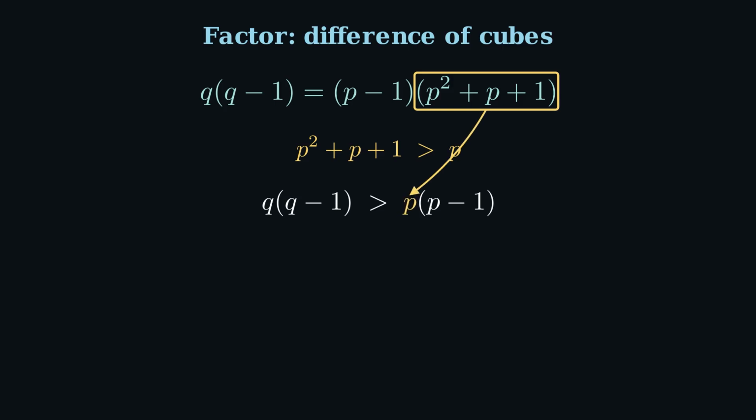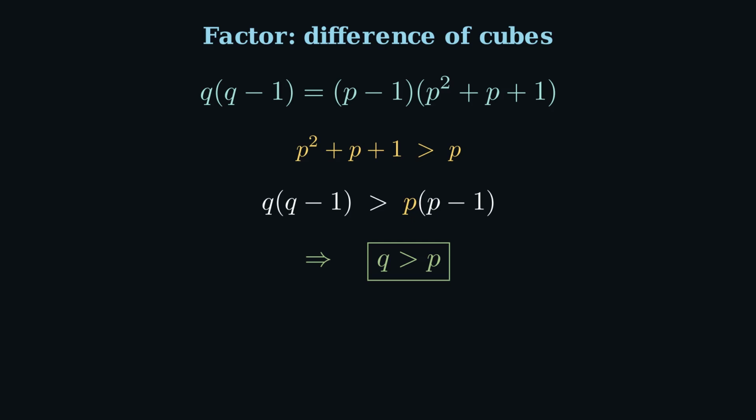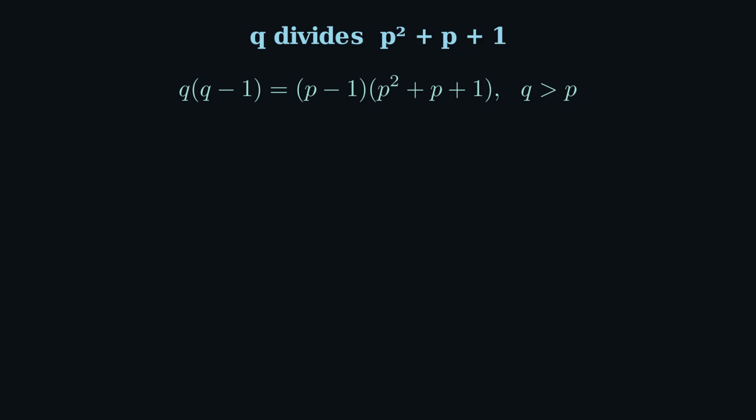Right, because if I put p in here, then I've made this side smaller, so this holds, which of course quite easily shows that q is greater than p. So we just have that as a simple thing that'll make it a little bit easier.